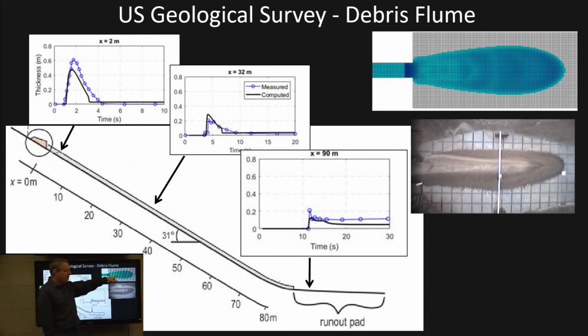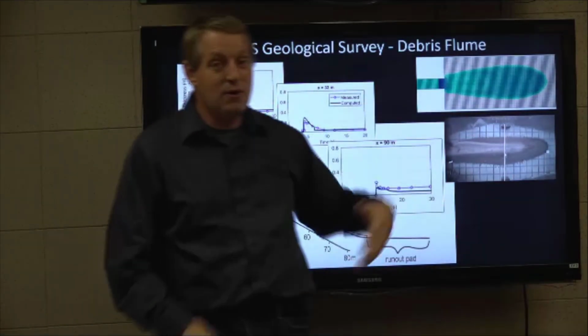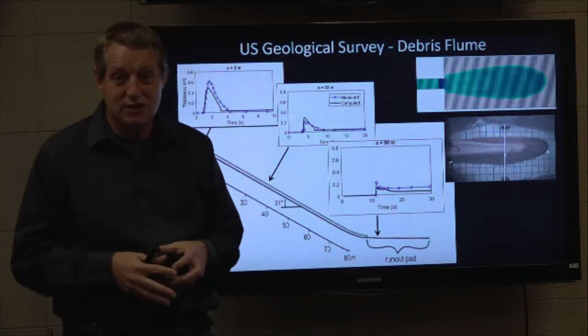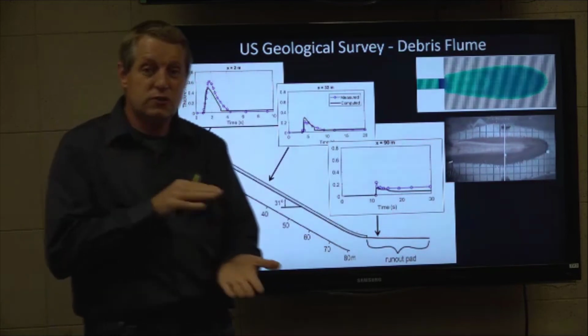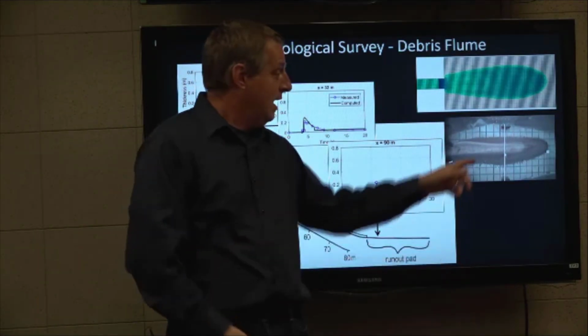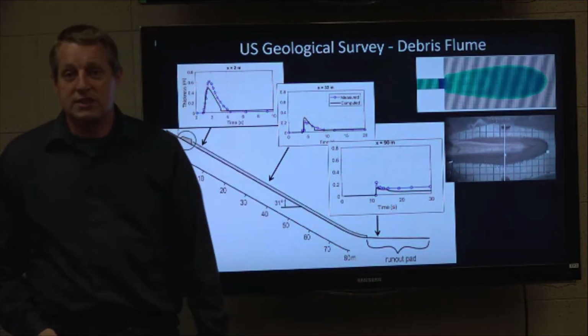If you can imagine trying to capture the shape of this runout with Newtonian assumptions, it's not going to hold that shape. With Newtonian assumptions, it'll just run out and fill the pad. Here, it runs out until it runs out of energy, until the internal shear strength is larger than the shear stress being applied, and then it stops. And it creates a lobe similar to what they were seeing in the field.